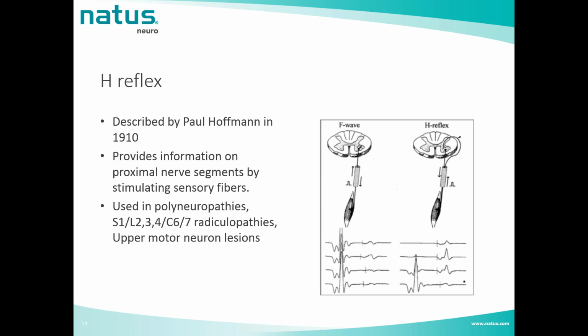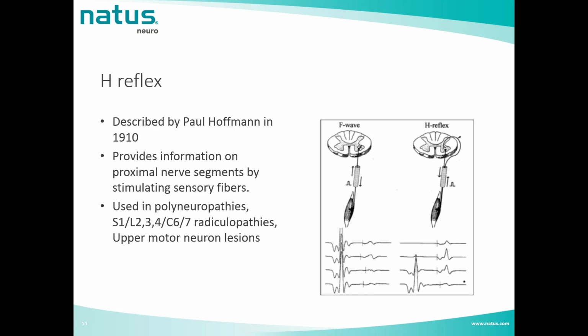In the F wave, we go directly to a horn cell that will bring back the information to the muscle. In the case of the H reflex, this time we stimulate sensory fibers that will then go inside the spinal cord through interneurons and bring back the response to the muscle.